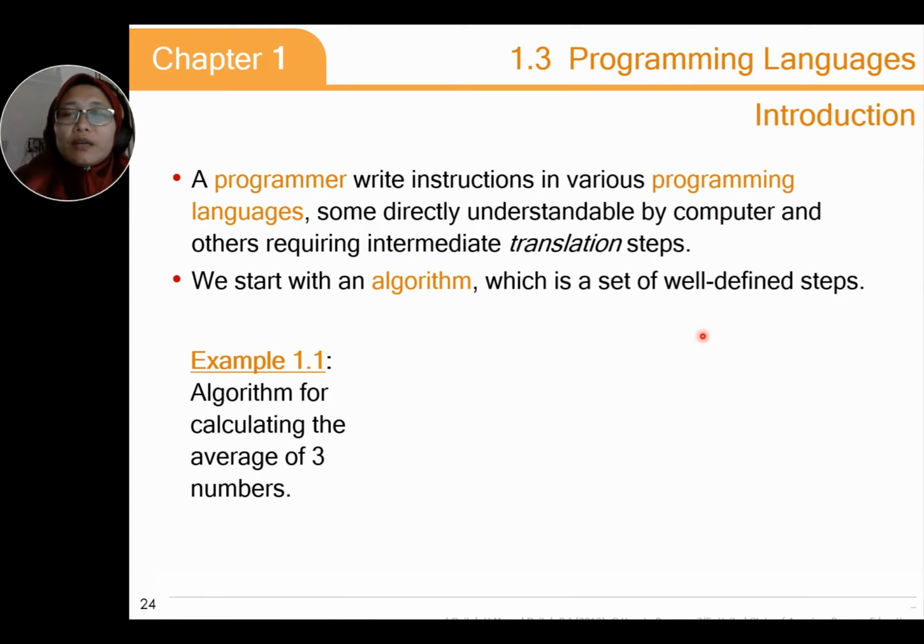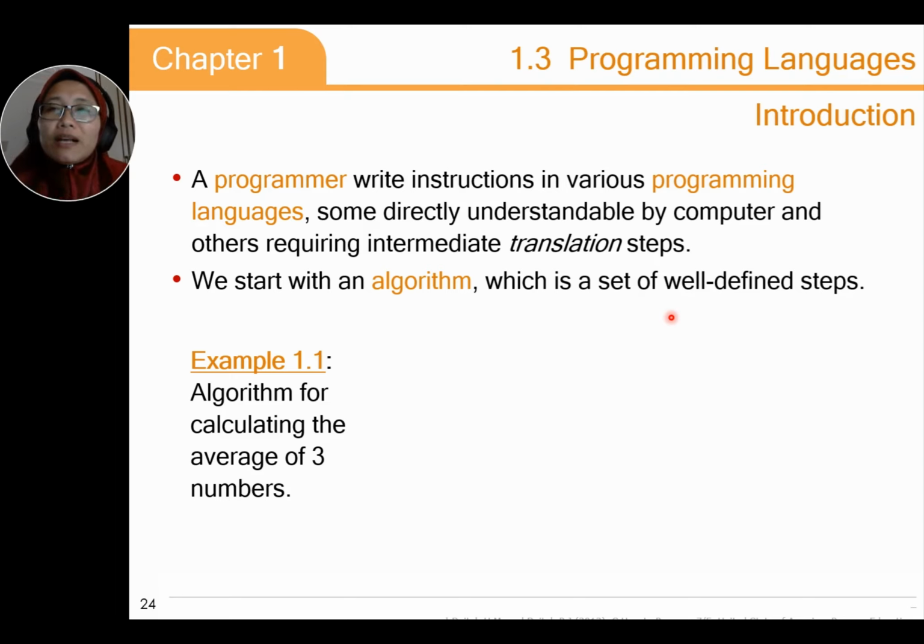And remember in the previous slide, we saw in the elaboration of the concept of the program that we have a problem, and we write a set of algorithms. So what is an algorithm? All right, an algorithm is a set of well-defined steps. Okay, now let's look at example 1.1.